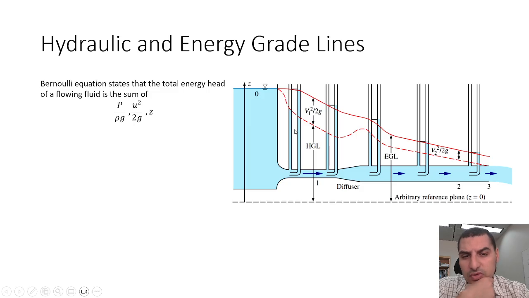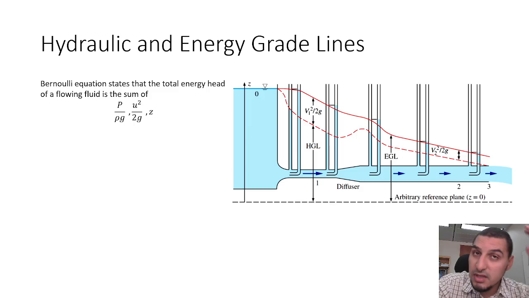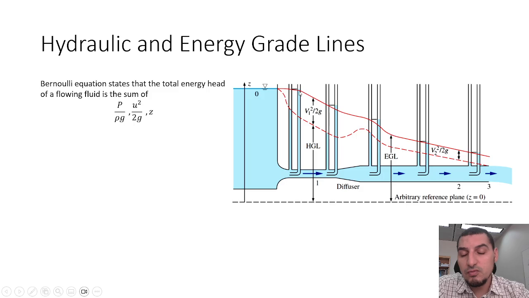Again, if you recall, the piezometer indicates the pressure of the fluid in the pipe, and the pitot tube gives a combination of both the velocity and the pressure, because the velocity at the inlet is zero.